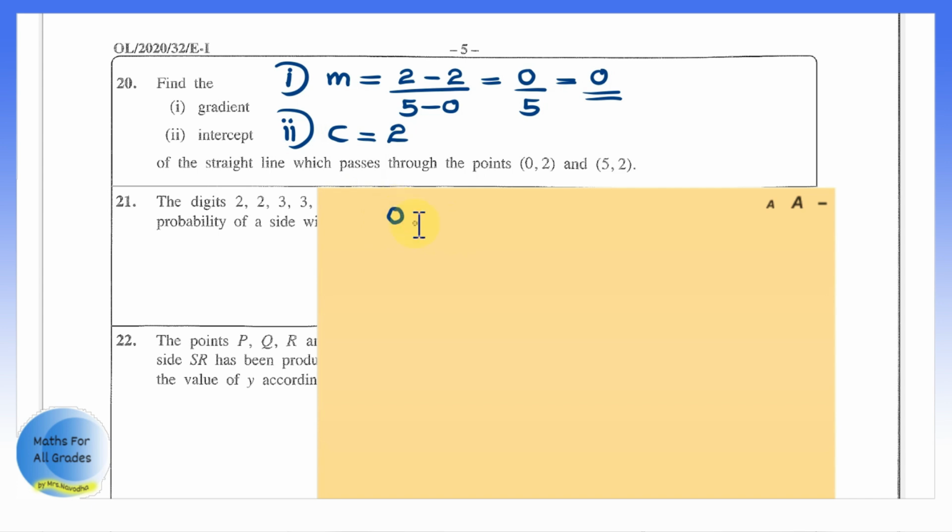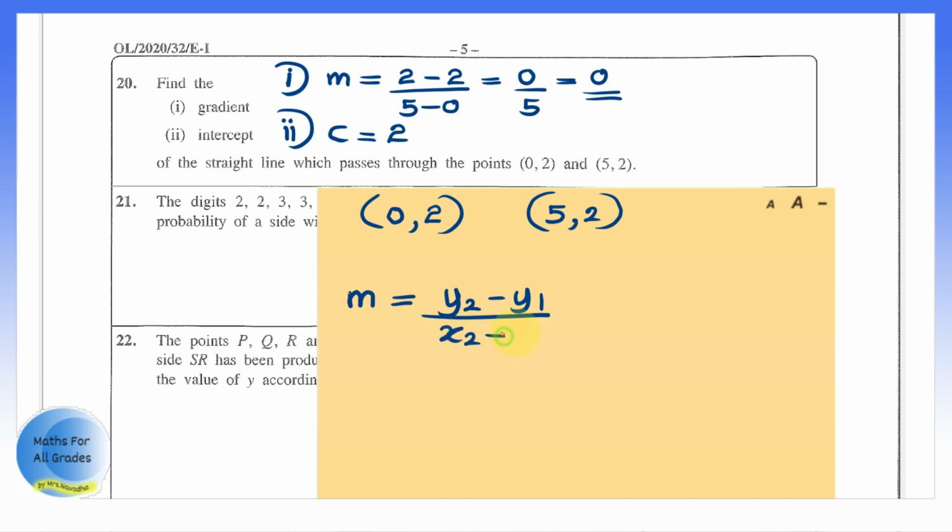Here they have given two coordinates, (0, 2) and (5, 2). Without plotting the graph, we can find the gradient. There's a formula to find the gradient. M equals y2 minus y1 over x2 minus x1. This is the x coordinate and this is the y coordinate.